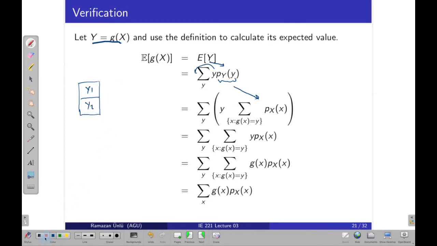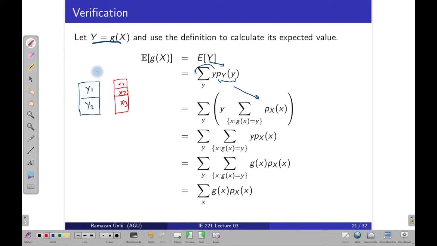So let me change the color, and let's say I have x1, x2, and x3. Remember that y is a function of x, right?